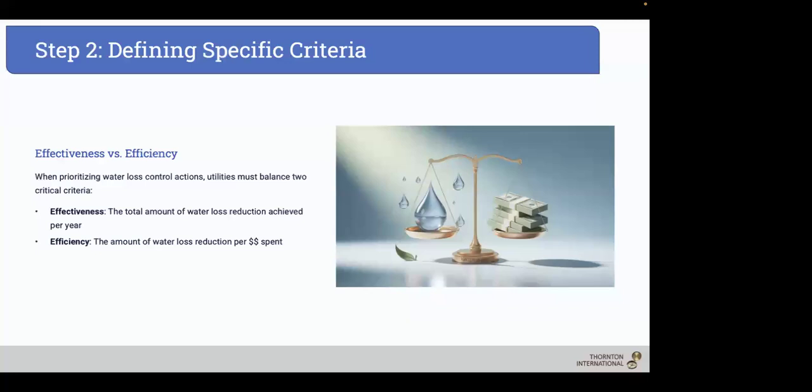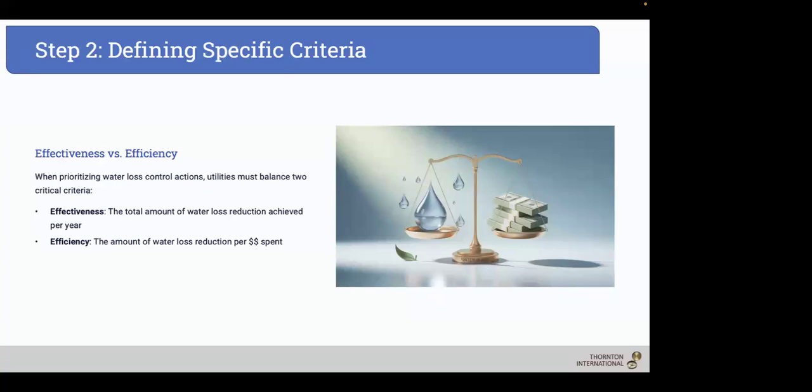Then we need to understand the criteria that I'm looking for. So I have specific criteria for my plan, for my goals. So we need to understand the difference between effectiveness and efficiency.